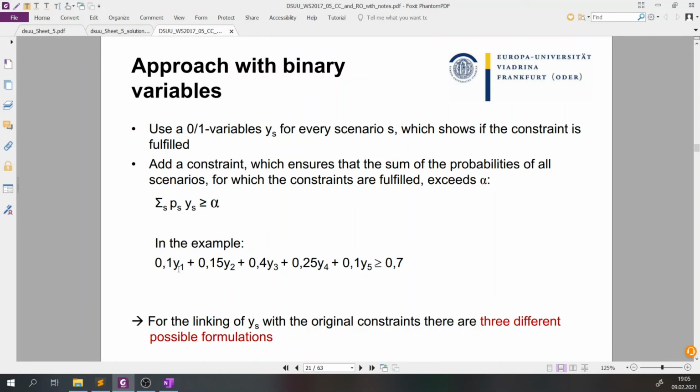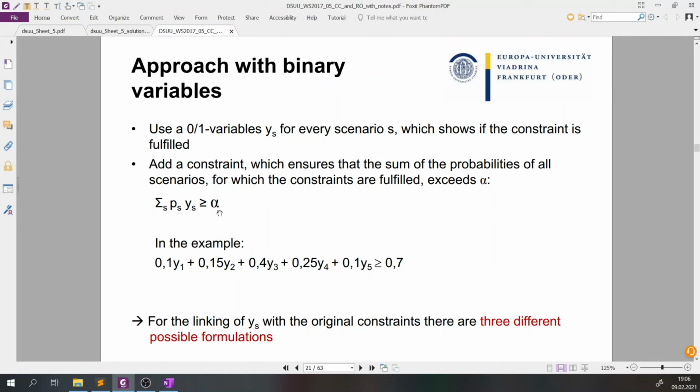If y1 is 1, so we take into account the constraints of scenario 1, 0.1 multiplied by 1 is also 0.1. And then we calculate the same element for every scenario. The sum of all active probabilities should be, in this example, 0.7, but in our current example, it's 0.6.